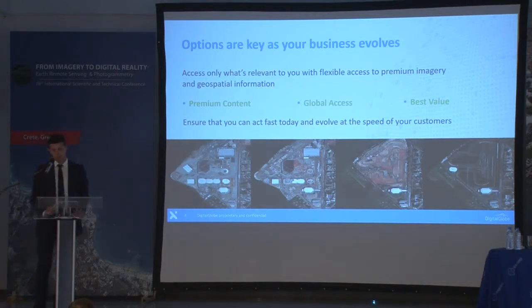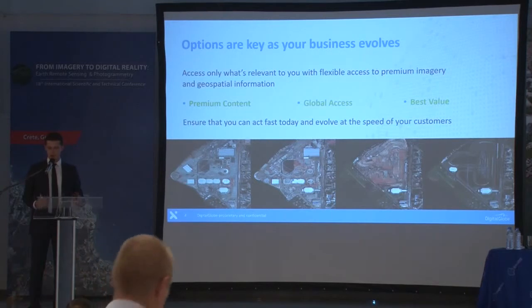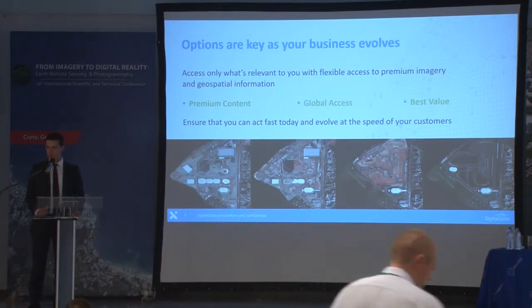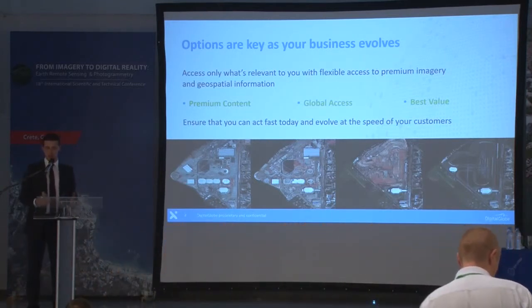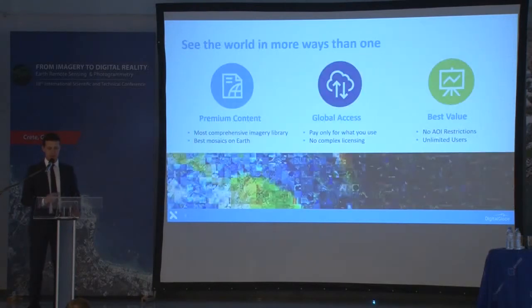So the Earthwatch service offers a flexible set of options. This is the premium content, global access and best value. So what do these things actually mean? What stands behind them?